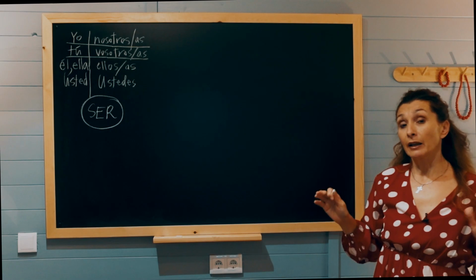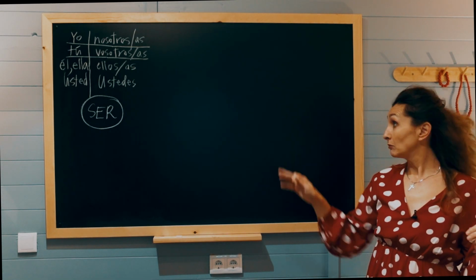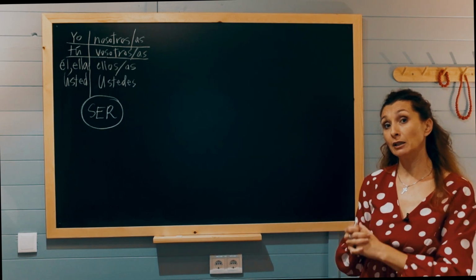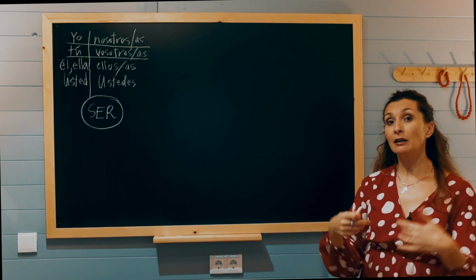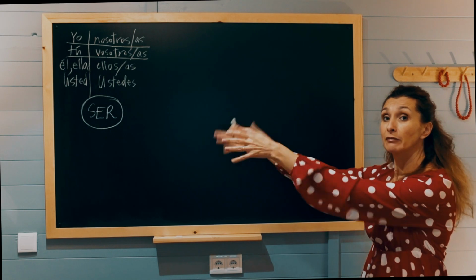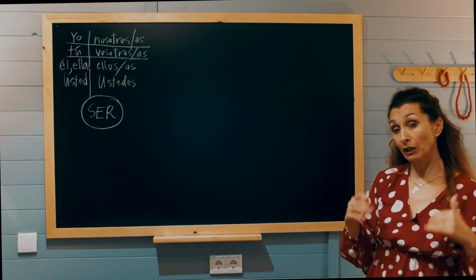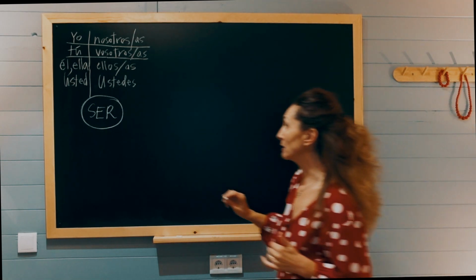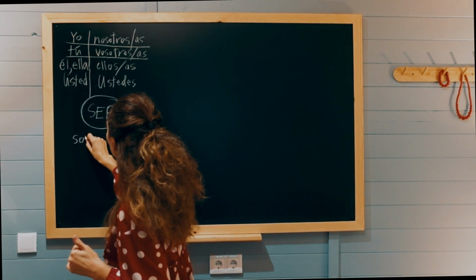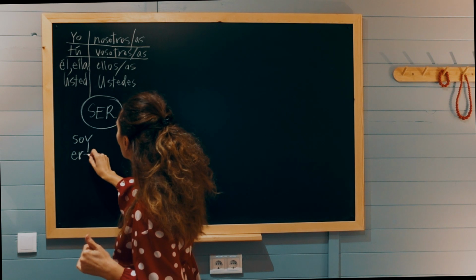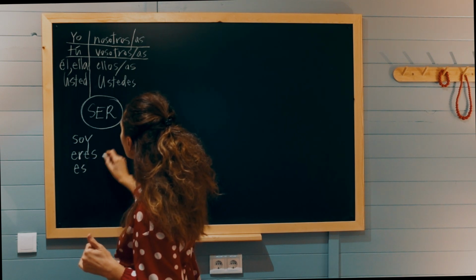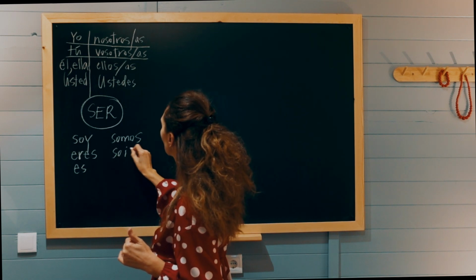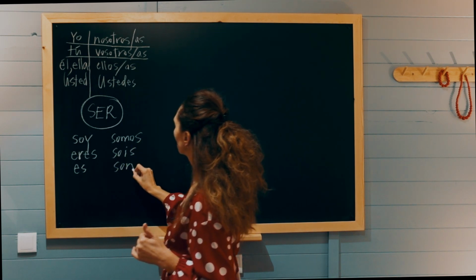Okay, again, I'm going to give you the conjugation of the verb to be. So I am, you are, he or she is, we are, you are, and they are. I'm going to give you this conjugation here using the grid. Soy, eres, es, somos, sois, son.